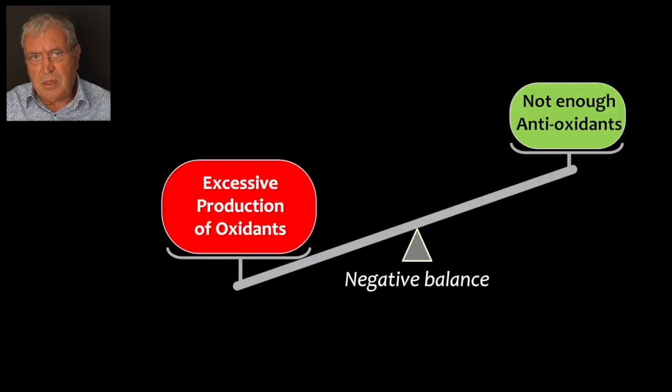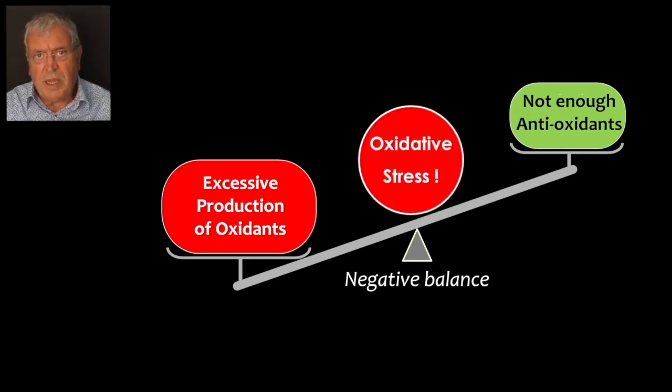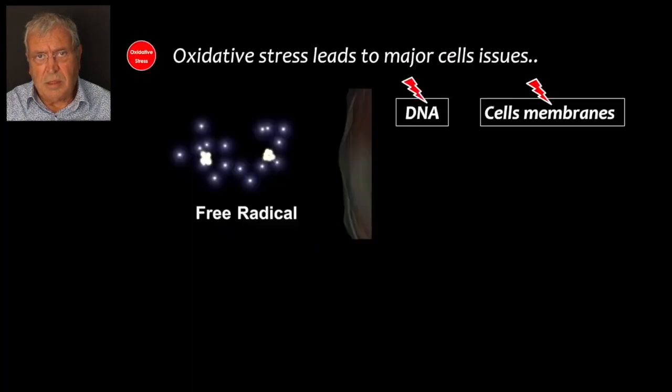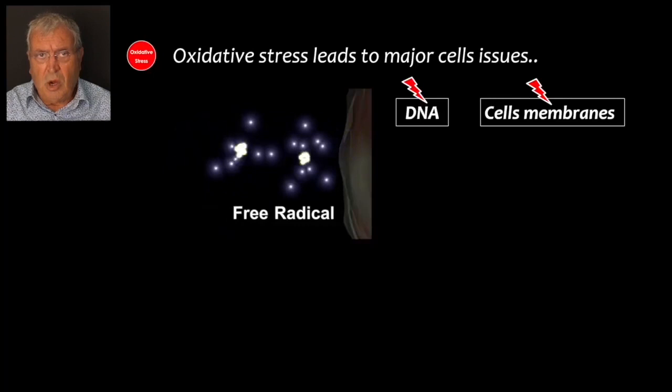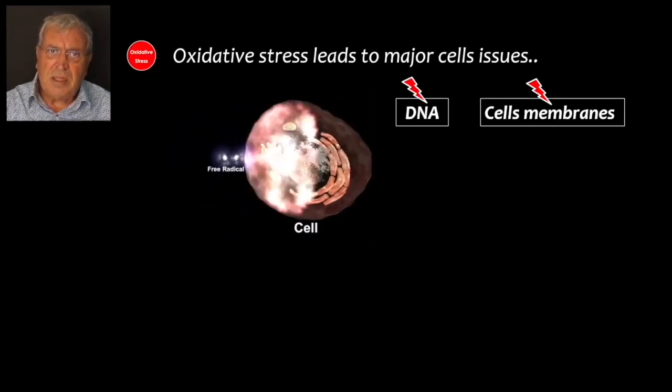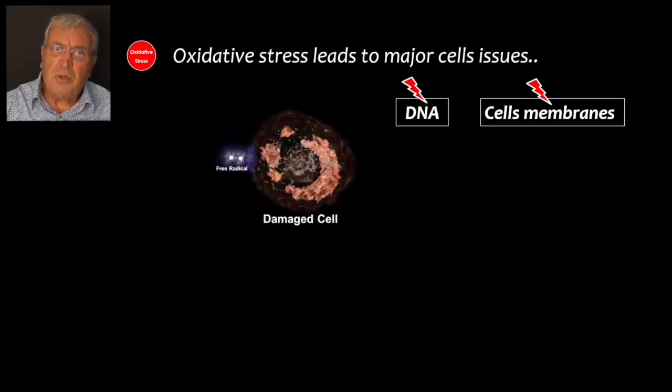However, sometimes we produce too much oxidant, or we don't produce enough antioxidant. And then we say we are in oxidative stress. Oxidative stress leads to major cell issues.